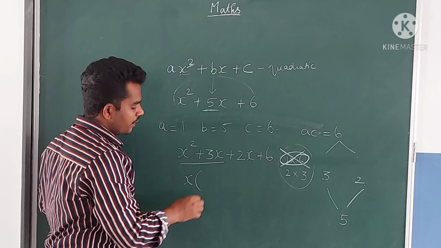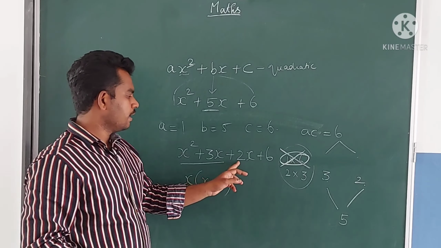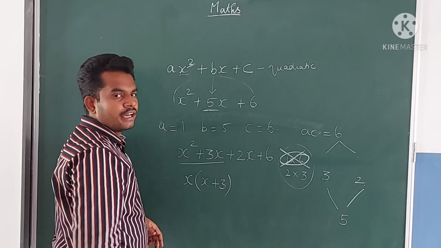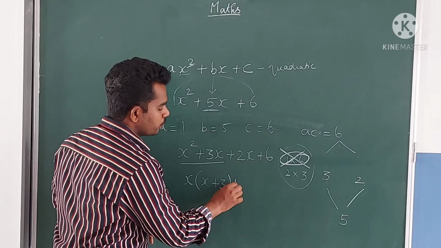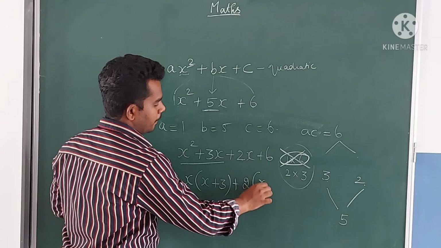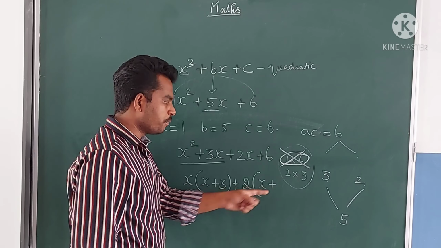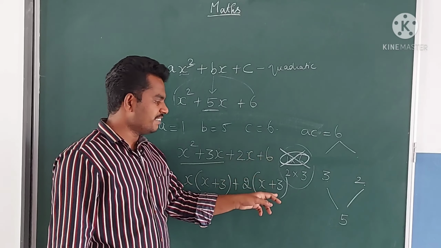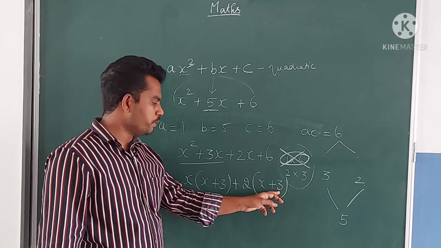So here x into x plus 3. Here 2x plus 6, which one is common? 2 is common. Why? 6 is a multiple of 2. So x plus what number should it be? 3. 2 threes are 6. So we take 2 as common, and 3 remains.